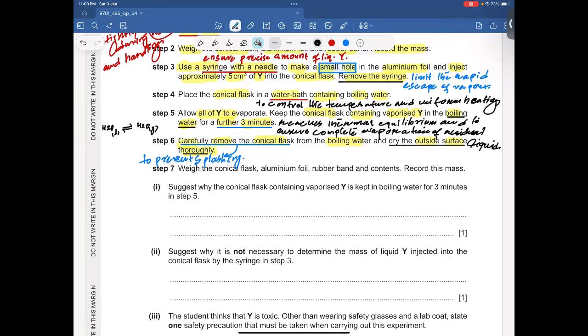And that's a very, very important point: to remove condensed water from the water bath, which could add mass.